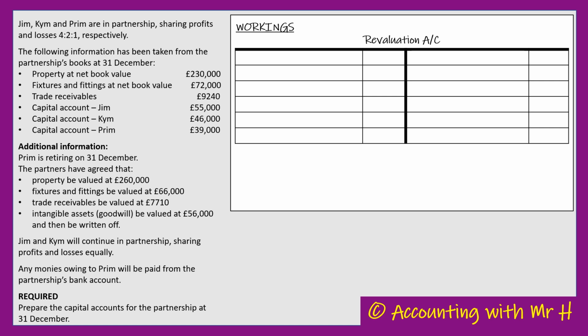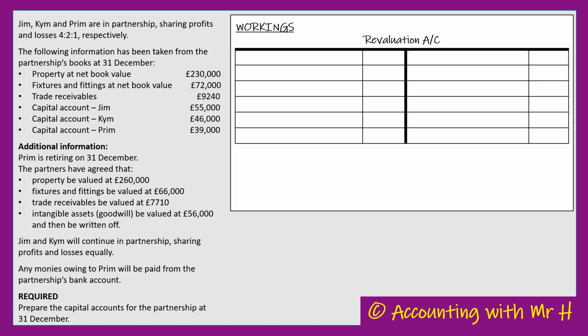Maybe because of current market conditions in property, they've decided and agreed it is worth £30,000 more. Now it's only fair that Prim gets a share of that extra £30,000 as she leaves. Because she's been taking the risks and invested the capital, she's been a part of this partnership while they've had that property. So we need to effectively give her her share of the 30,000.